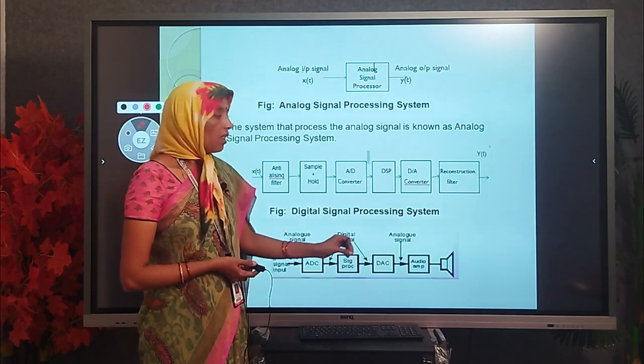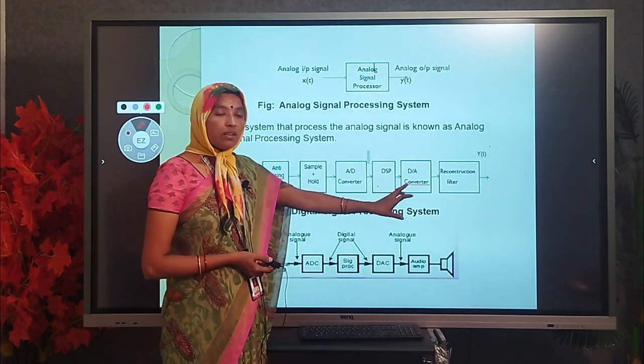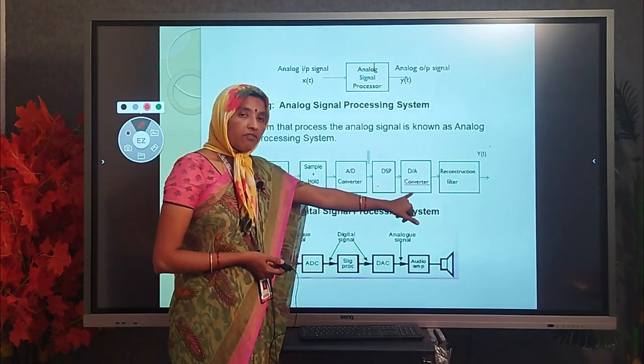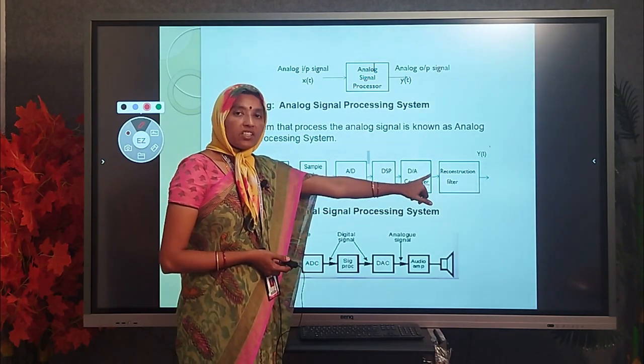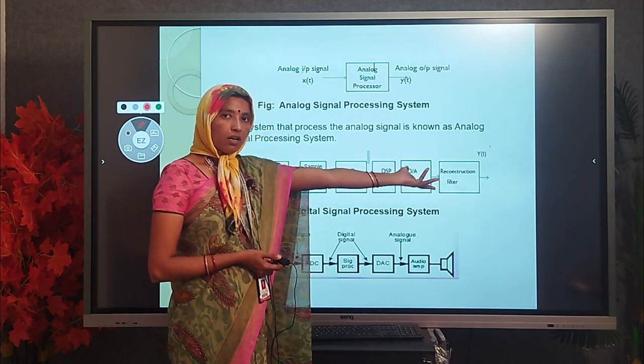Different processors are available. After processing the data in digital form, that can be converted into analog data using digital to analog converter. Then it is given to reconstruction filter to get the smoothed signal. So final outcome is analog output.